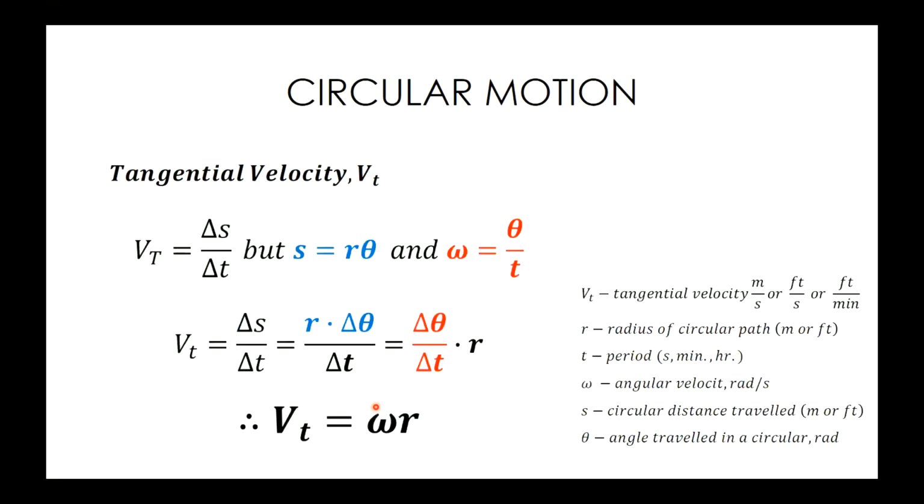So, let's derive paano natin nakuha yung formula for tangential velocity. Velocity, it is also known as the displacement over time. Pero alam natin na ang displacement in terms of an angle is equal to the radius times the angle traveled.